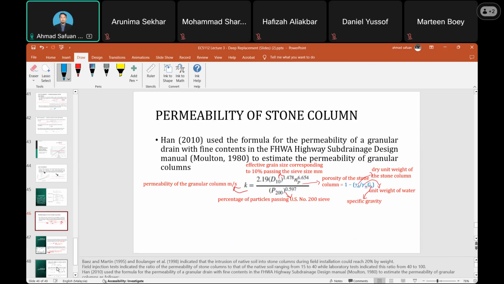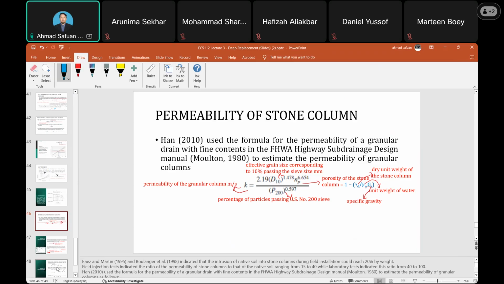For example, in your assignment or in your final. Then the percentage of particle passing, then power by 0.957.